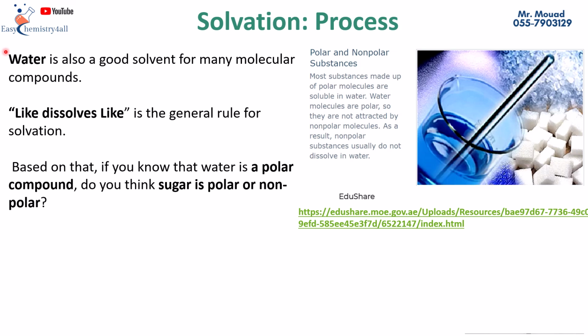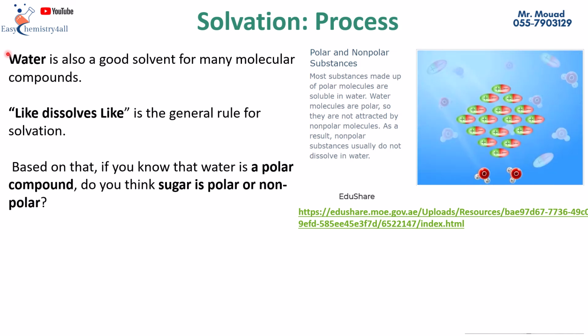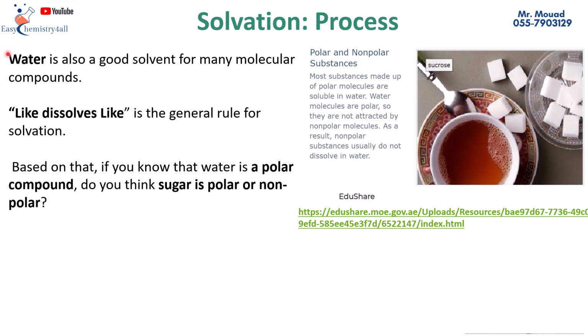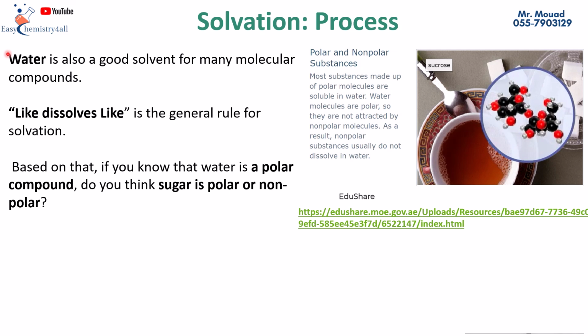Most substances made up of polar molecules are soluble in water. During this process, water molecules interact with the polar molecules of the solid by electrostatic forces. They remove molecules from the crystal and mix with them, thus dissolving the solid. Sucrose, that is the common sugar we use for sweetening, consists of polar molecules.